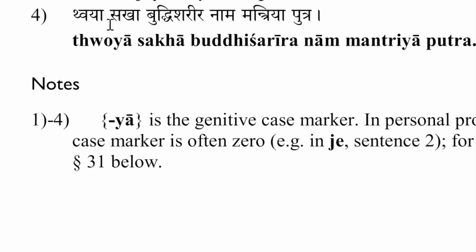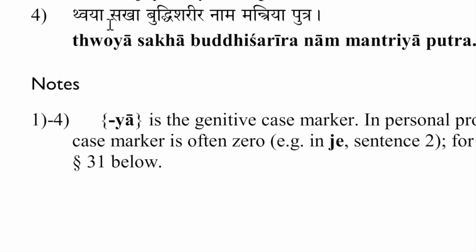Okay, so his friend is the son of the minister by the name of Buddhi. Yeah, exactly. Can you read the sentence together? Toya Sakha. Buddhi Sharira Nama Mantriya Putra.